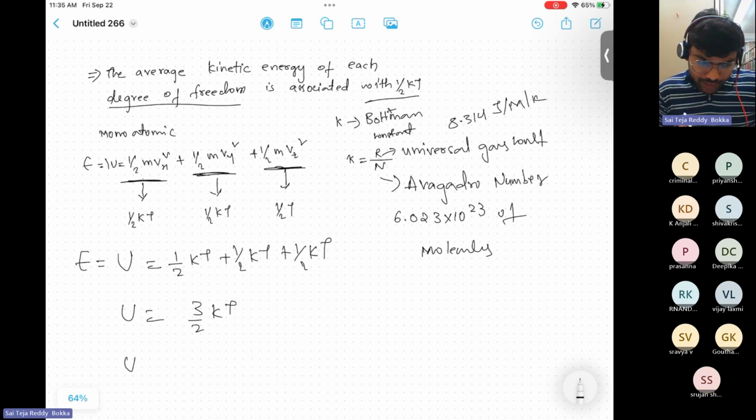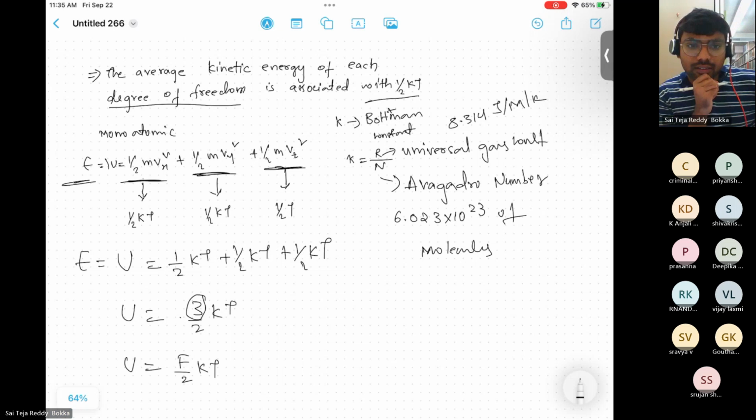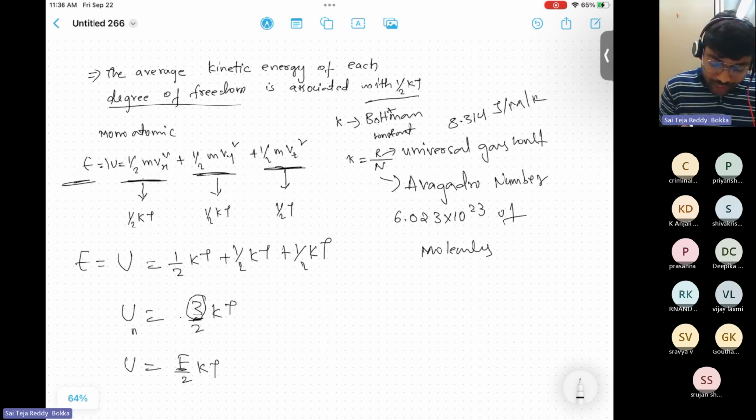So can I replace this 3 with f by 2 kT, as this 3 is the degree of freedom of a monoatomic ideal gas? Degree of freedom of monoatomic is 3, right? Can I replace this 3 with f? Yes, sir.